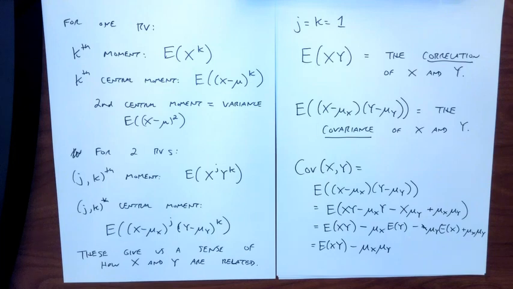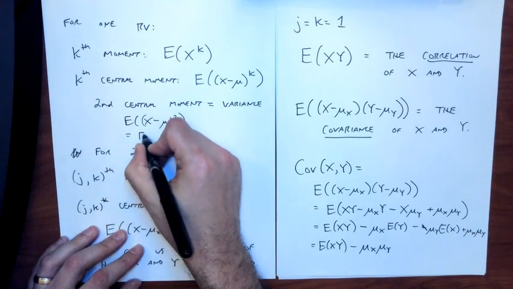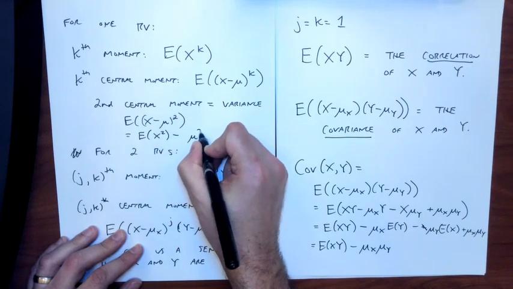And you can see that this resembles the same thing that we did with the variance, right? The variance we could also expand out to be the expected value of x squared minus mu squared.